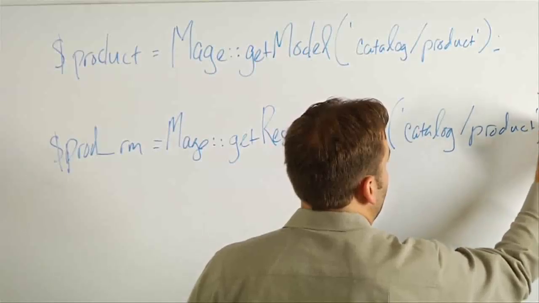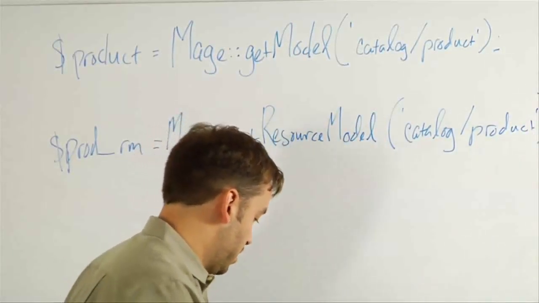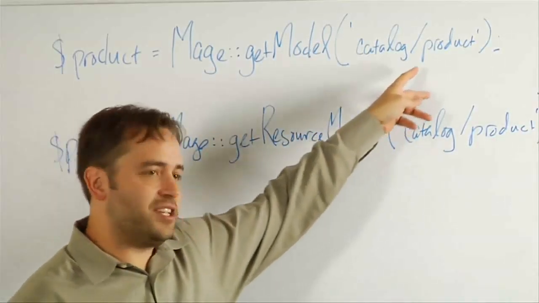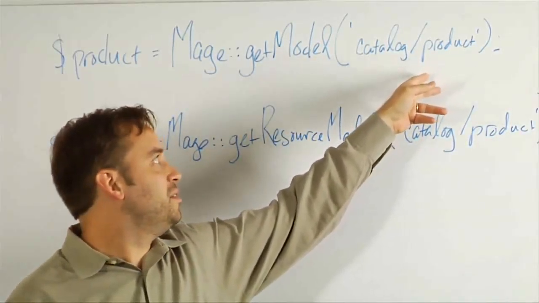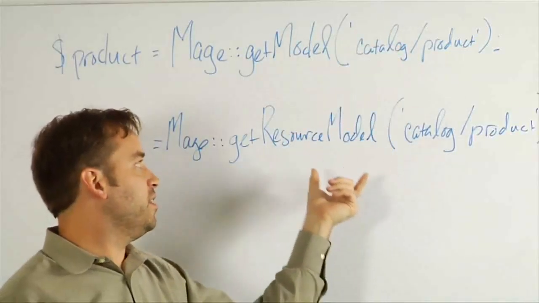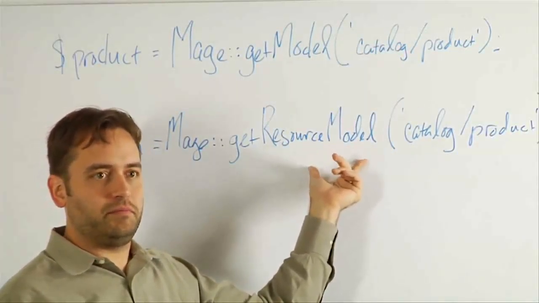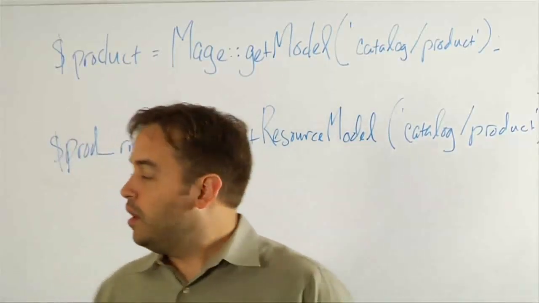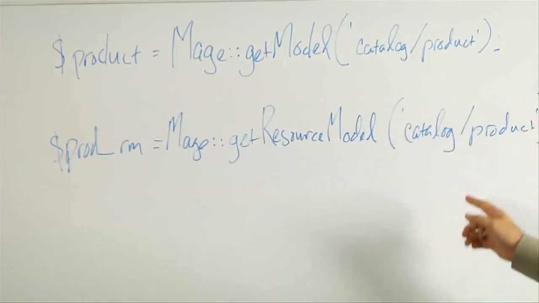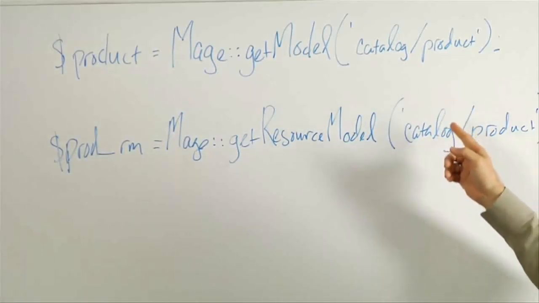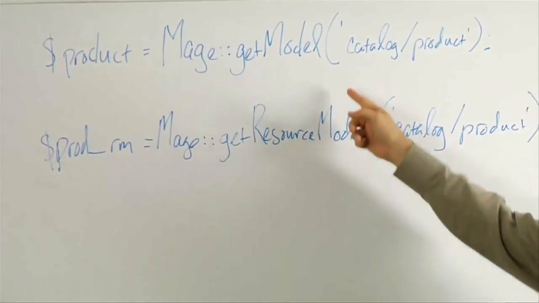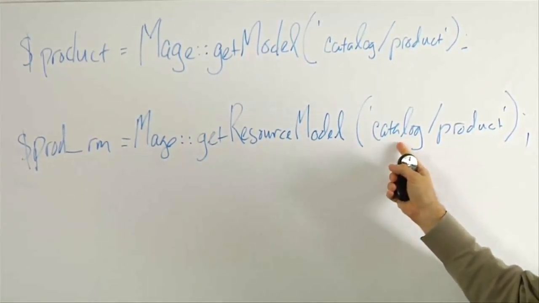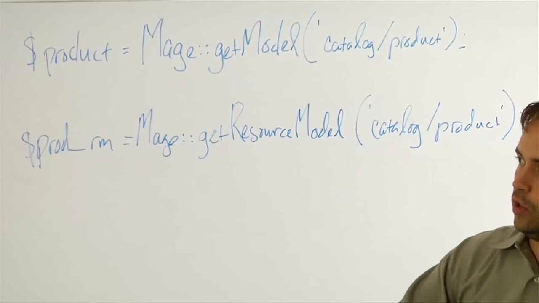Conveniently enough, and I rather like this, we have the same string passed in here. But here's the entity, and here's how we talk to the data store regarding our entity. Obviously these have to map to different places, though, because this is going to give me a different class than this. So again, this class group is used, catalog.